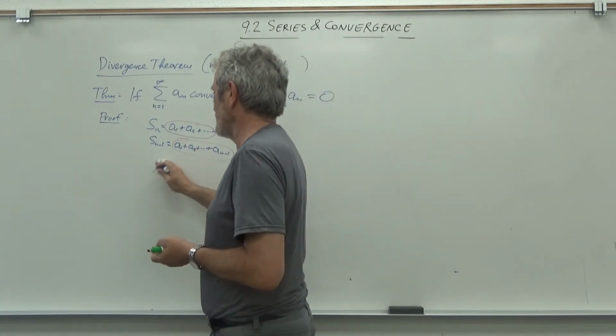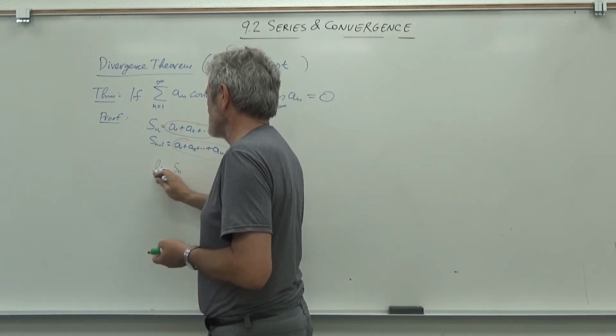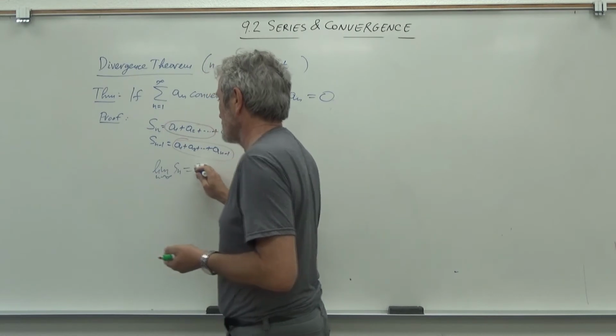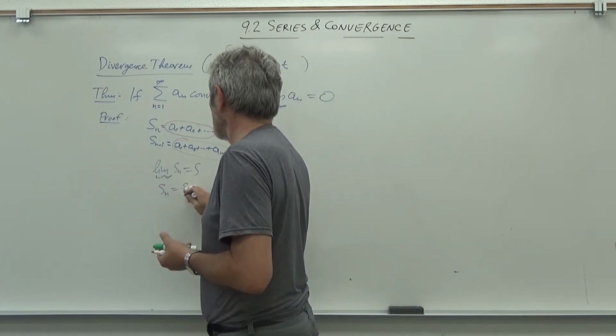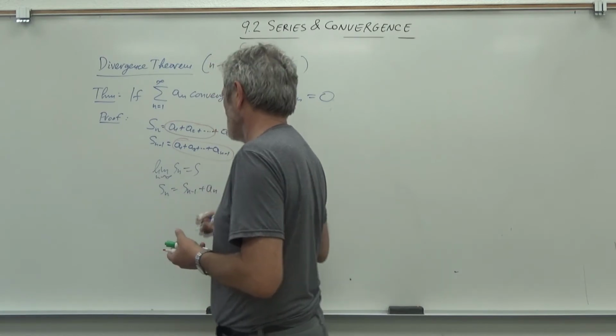So if the limit of S_n exists, and it's equal to some number S, then what do we do? We look at this, S_n equals S_(n-1) plus a_n.